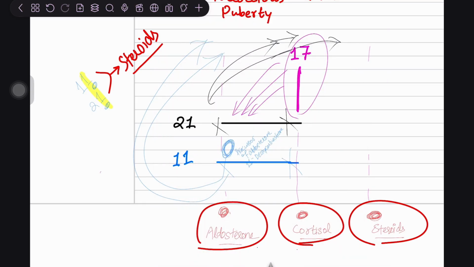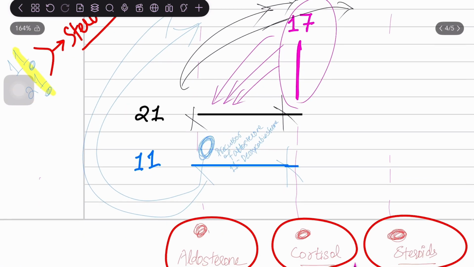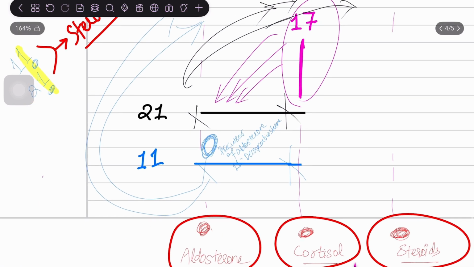Just know this, I'll build on it for you. Now, focus on 11 for now. 11 is blocking out two lines.